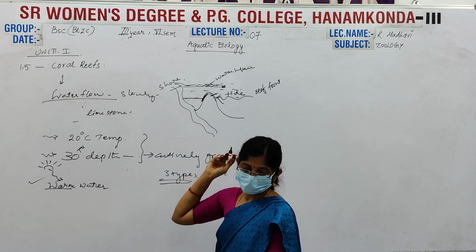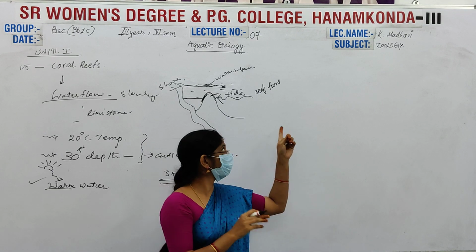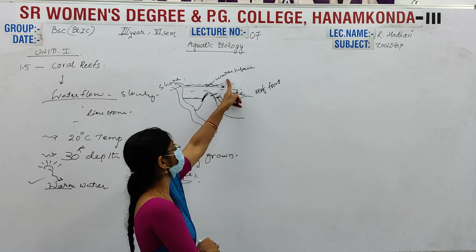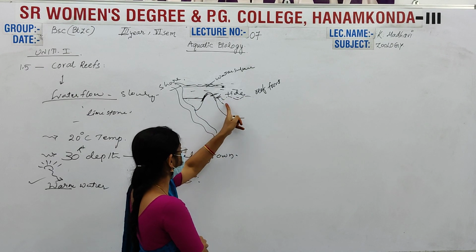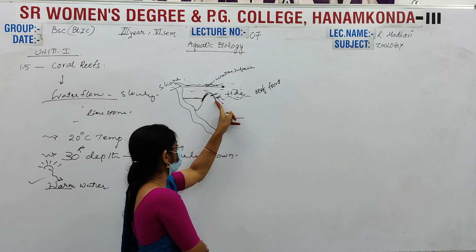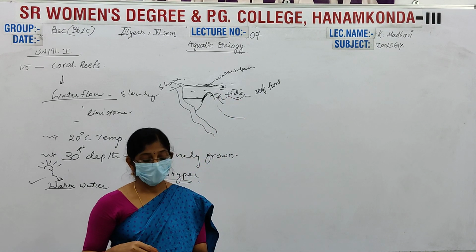At this point, the reef grows in size. Only at this point does the coral grow. This is not found elsewhere. Only when the tides come and attach to this region does the reef front region grow.